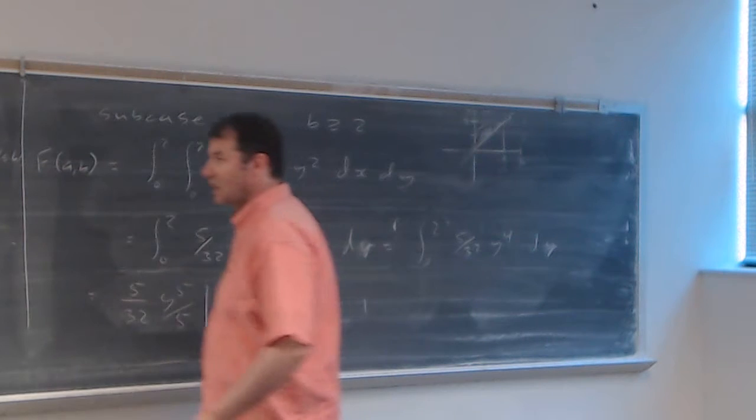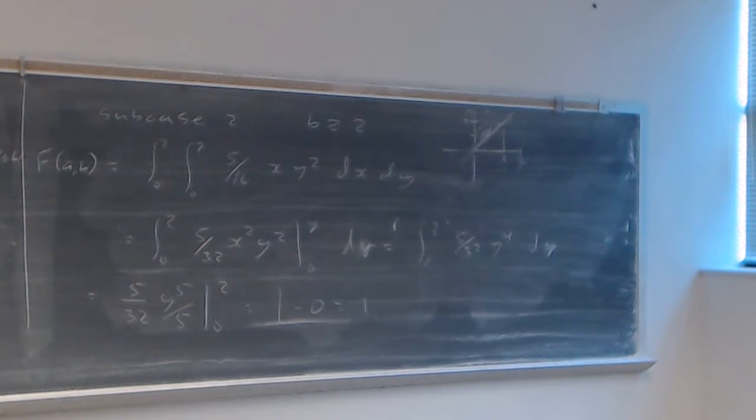Okay, so as a summary, here's what we have for F of a, b.